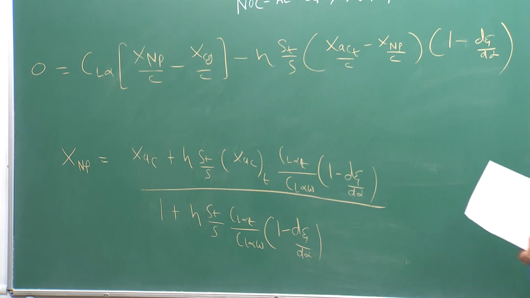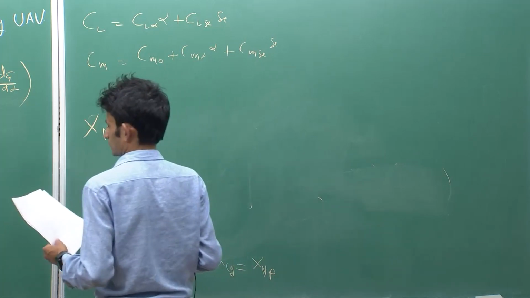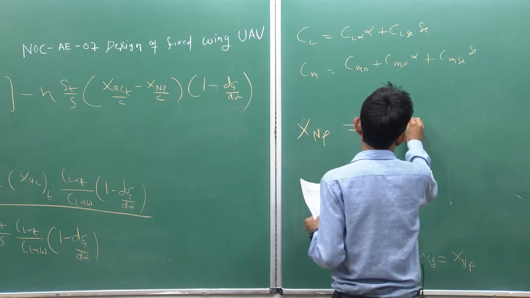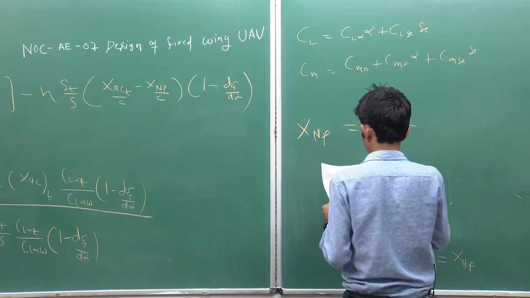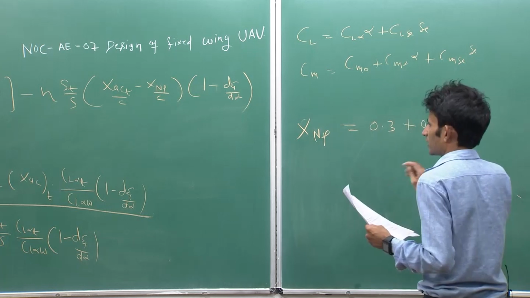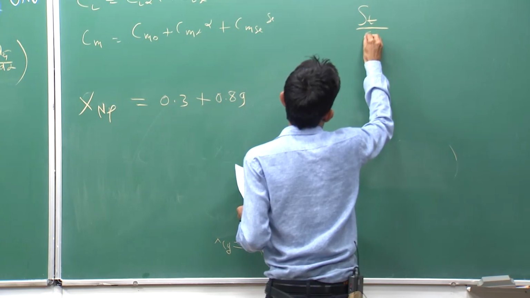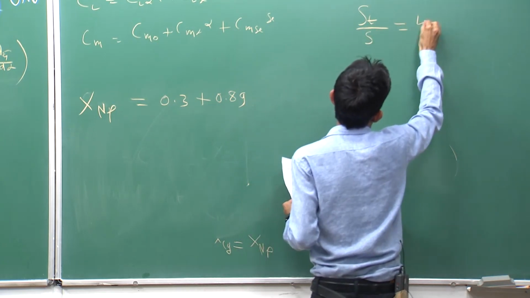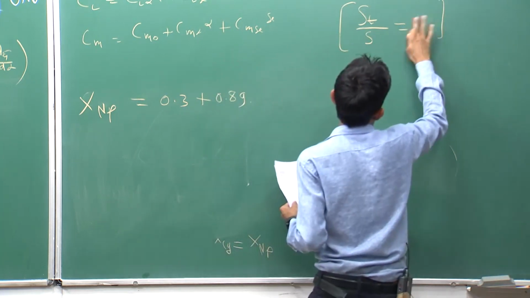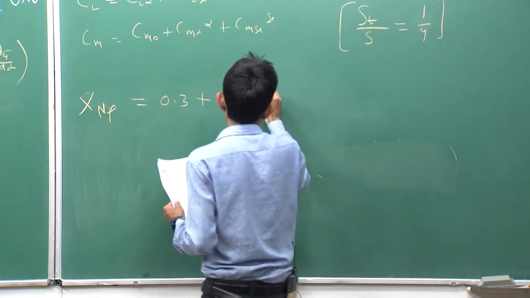So your xNP is equal to xAC, which is given 0.3, plus eta is given 0.89, and it is also given in the question that the tail area is 1/4 of wing area. So ST by S you can put 1/4.